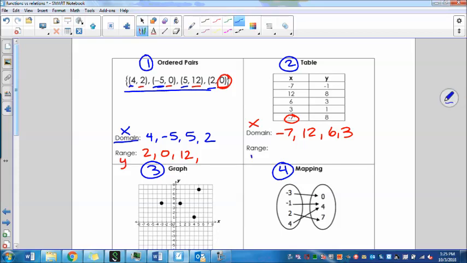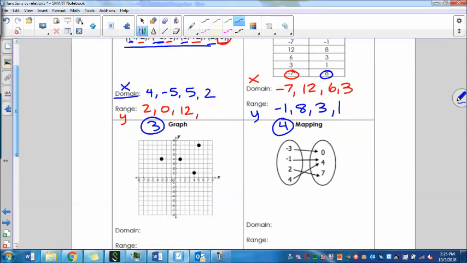Our range is our y values. We have -1, 8, 3, +1, but then we're not going to write that last 8 because we already have another 8. But you see how I wrote -1 and +1? Those are two different numbers. So if you have a negative version of that number and a positive version, you have to write both.